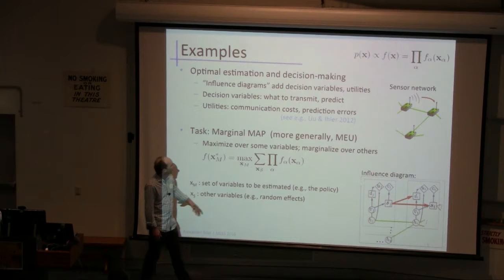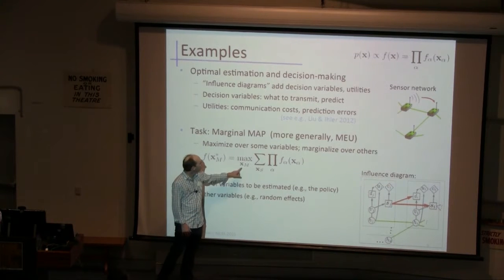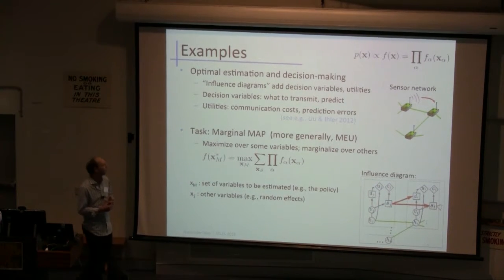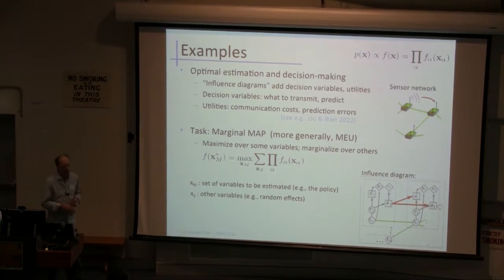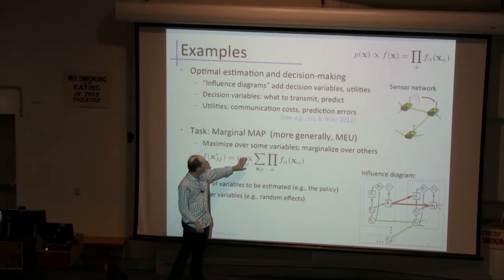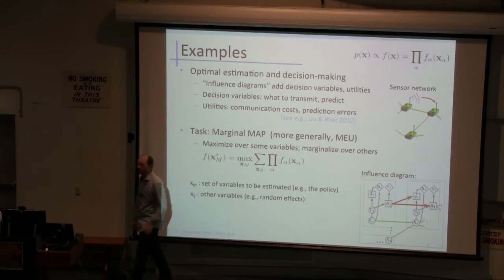But here, we not only want to marginalize over some of the variables, like the random variables that are not of interest, but also maximize over other variables that represent the policy, for example. So this is a generalization of both the previous tasks. So if we didn't have any maximization variables, XM, we'd have a standard summation problem. If we didn't have any summation variables, we'd have a combinatorial optimization problem.